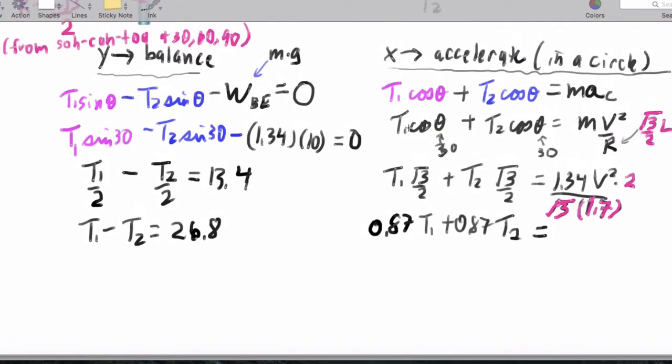Now we have 2.68 divided by the square root of 3 divided by 1.7. I'm getting this as 0.91 v squared. I'm just going to double check those numbers one more time.